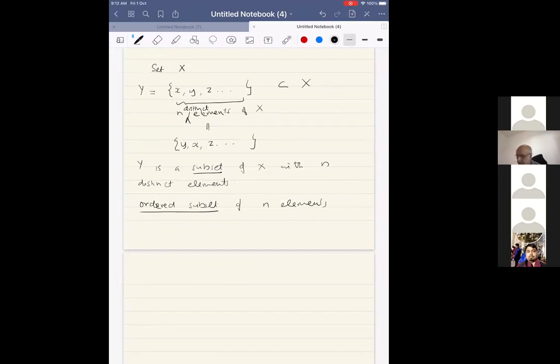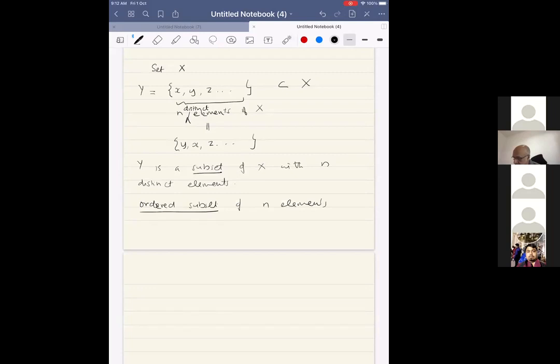So if I take the same set and list the elements in some order, so I declare that this element comes first, this element comes second. So what is that?